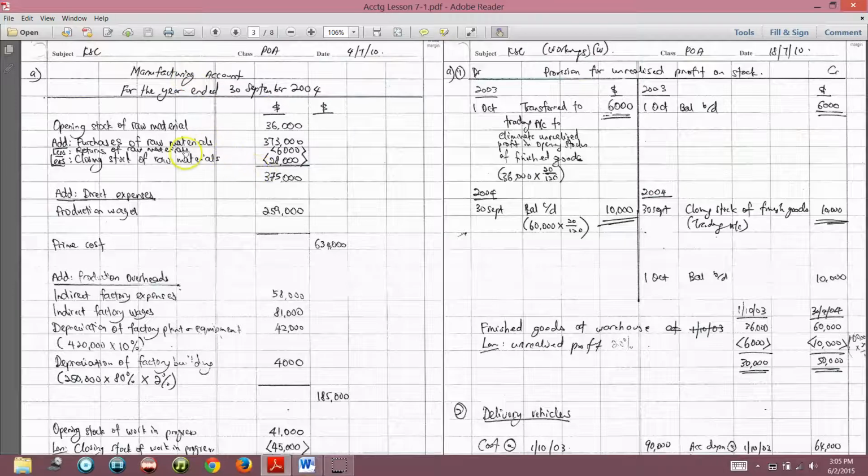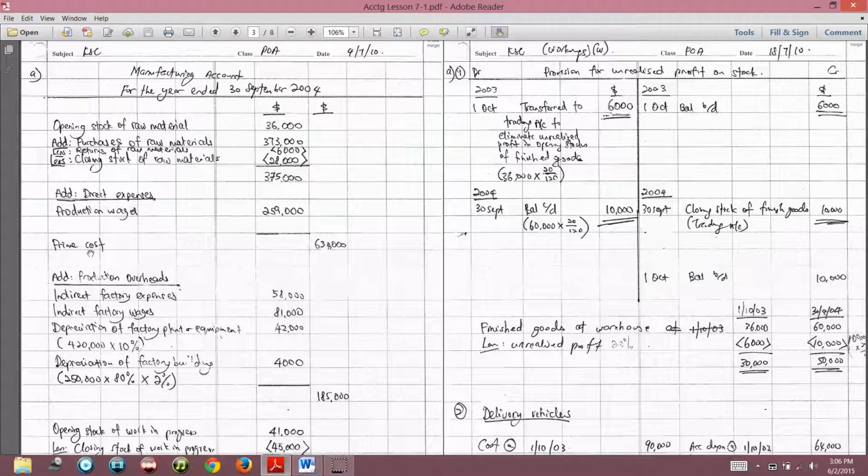In the factory account, we are going to compute our prime cost. What is prime cost? Prime cost is actually primary cost. That means for a factory activity, what is the most important cost?